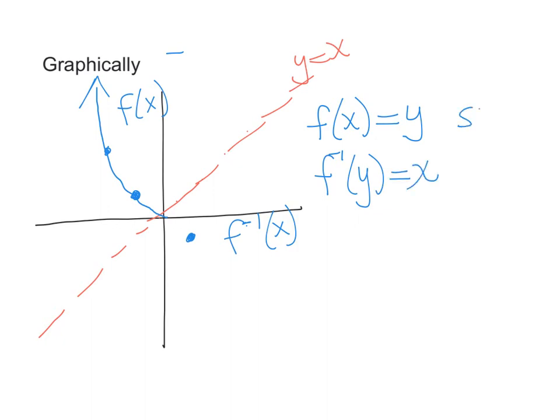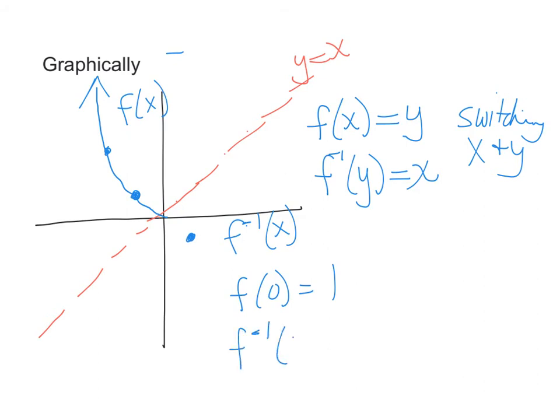So in other words, you are switching x and y. So for instance, if you have f of 0 equals 1, then you would have f inverse of 1 would equal 0. This would be the point 0, 1. This would be the point 1, 0.